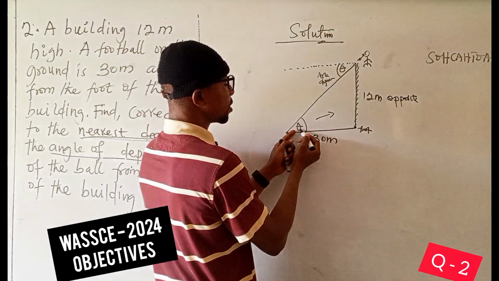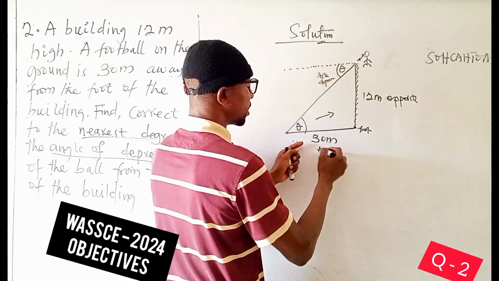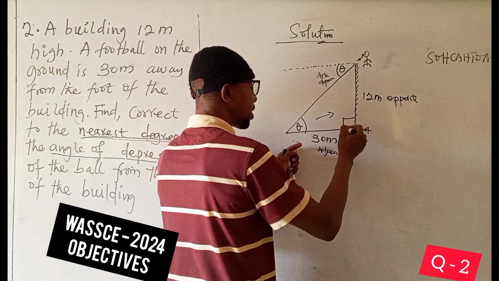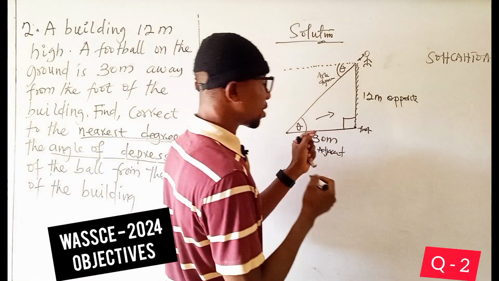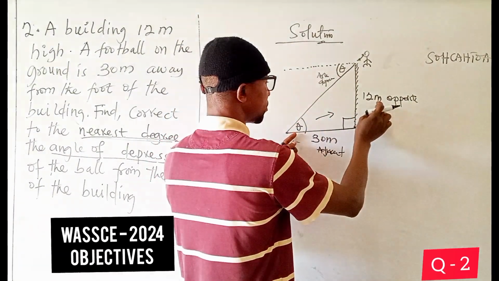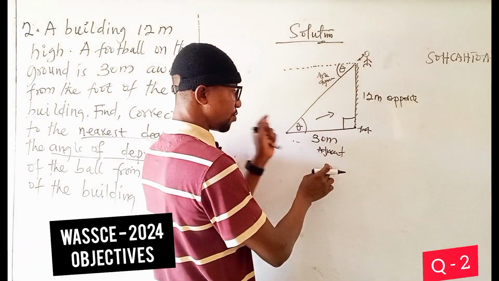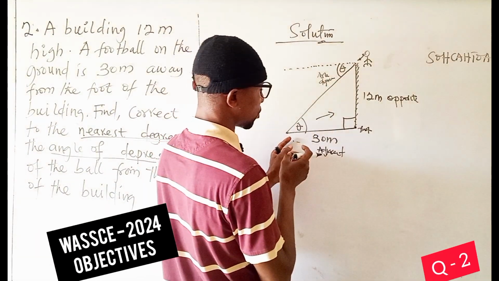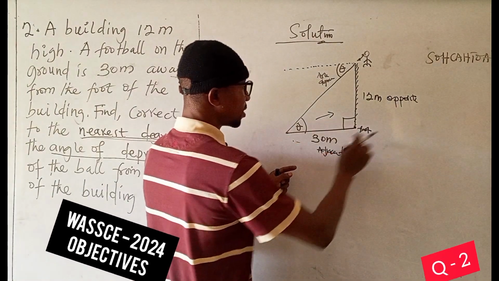And where the introduced angle is reclining is the adjacent. Meanwhile, it is a right angle triangle we have obtained. This can only be obtained in a right angle triangle. So this is our opposite, and this becomes our adjacent. Where the angle 90 degrees is facing is the hypotenuse. So now we have the adjacent and we have the opposite.